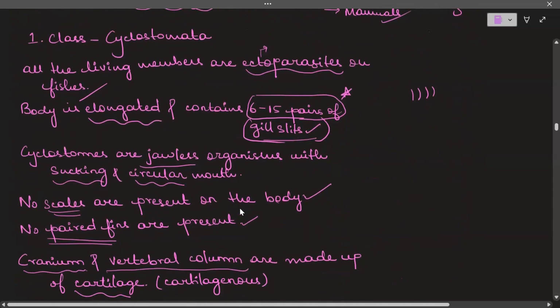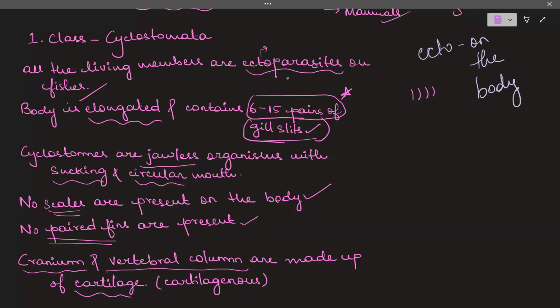Now the first one, that is the cyclostomata. All the living members are ectoparasites. Ecto means on the body, and parasites are those organisms that feed from the host. So cyclostomata are organisms that are parasitic on the body of other fishes.